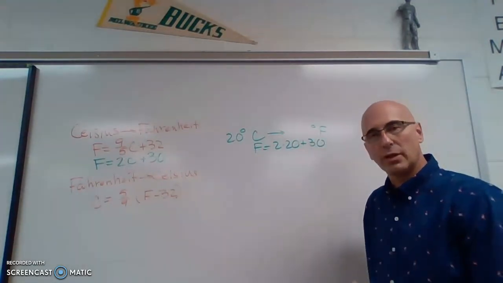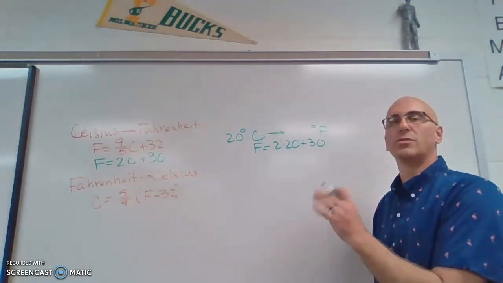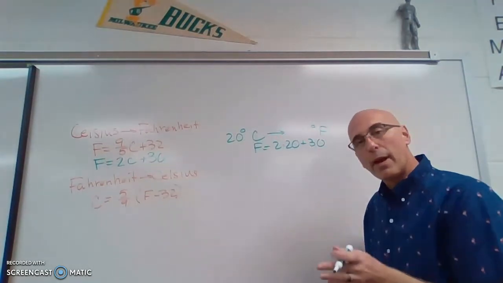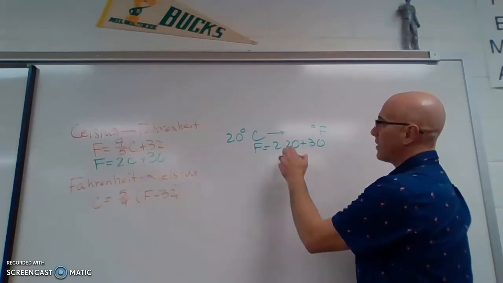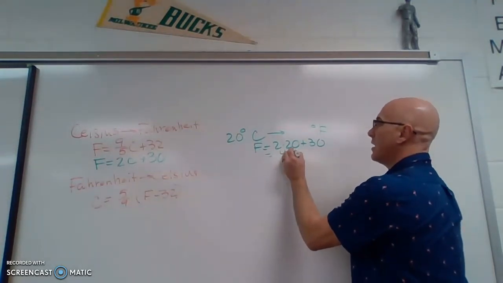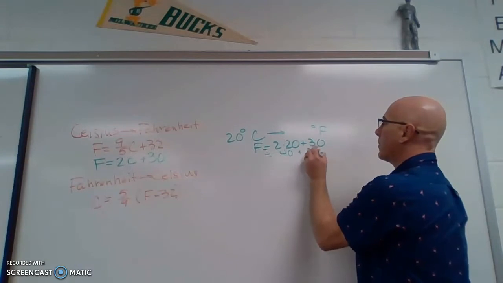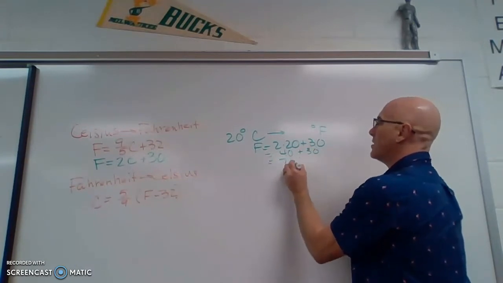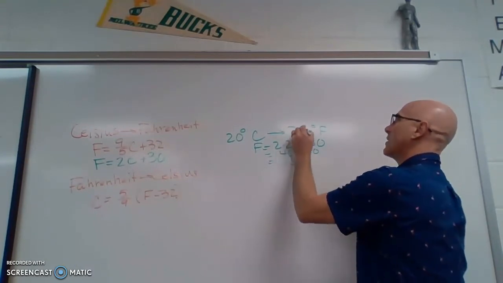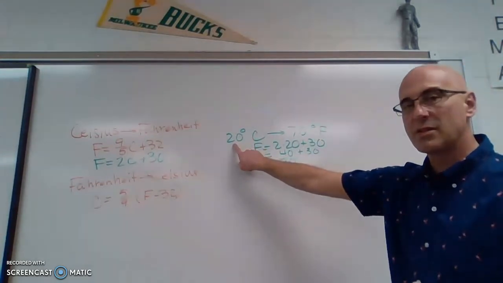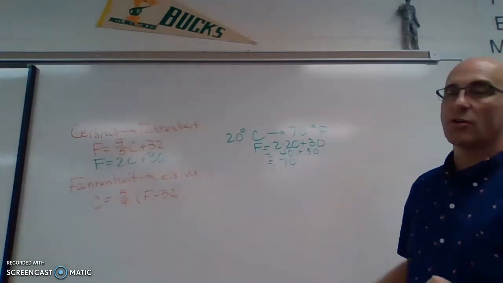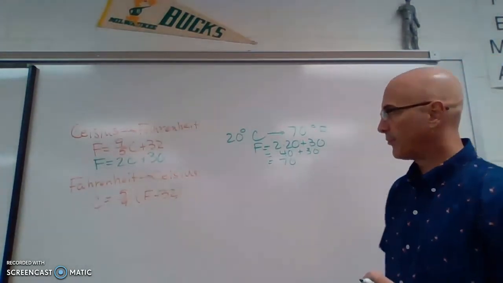I'm just going to plug that number in, and now we are going to do the computation. We are going to use our PEMDAS. So here we are going to multiply first. So 2 times 20 is 40, and then I'm going to add 30. So my answer is 70. So approximately 20 degrees Celsius is equal to 70 degrees Fahrenheit.